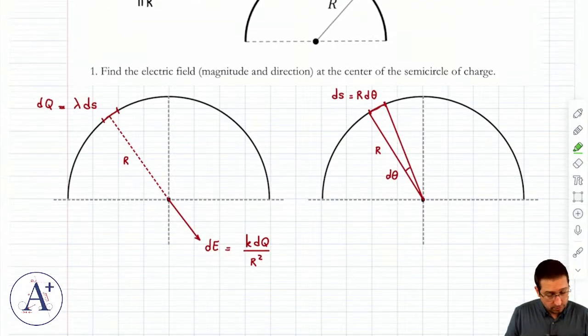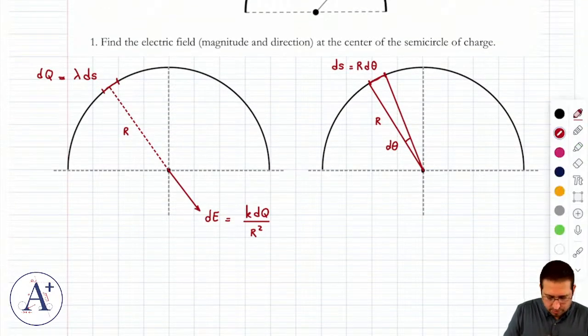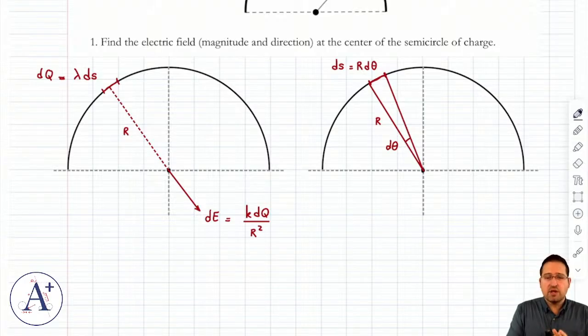But before we do that, and this is the part that is often forgotten, we have to argue symmetry. Students get really happy, they find this and they're like, oh, I just need to integrate.